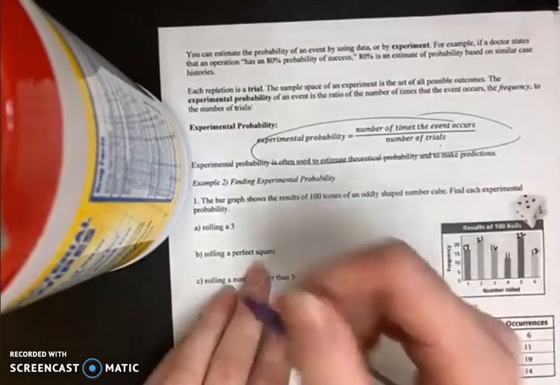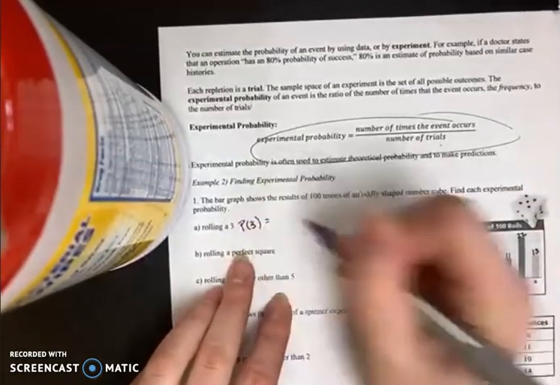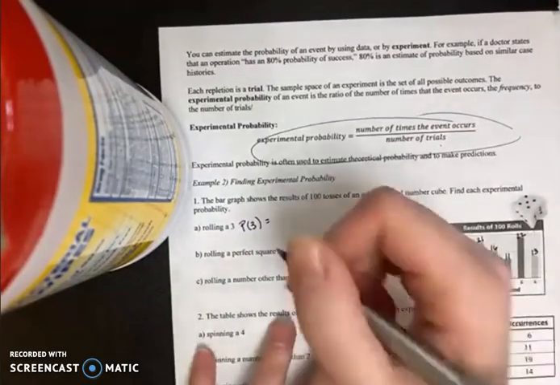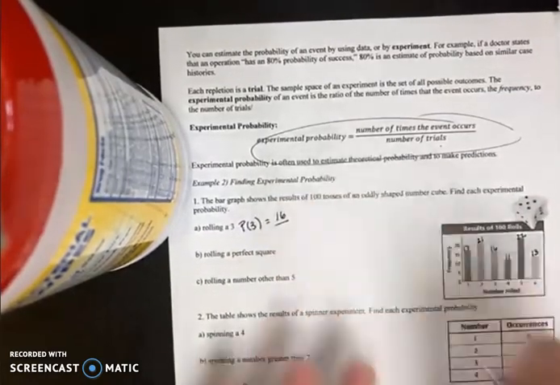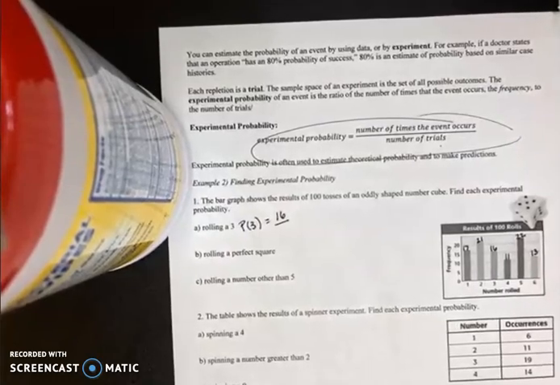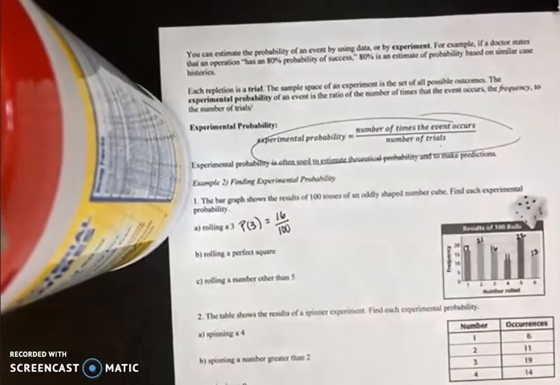So when it asks, what's the probability of rolling a 3? Well, out of this trial, it landed on a 3 16 times. So there's 16 favorable outcomes. And I need to put that over the total amount. So if you add all these up or just look in the directions, it says that there were 100 tosses.